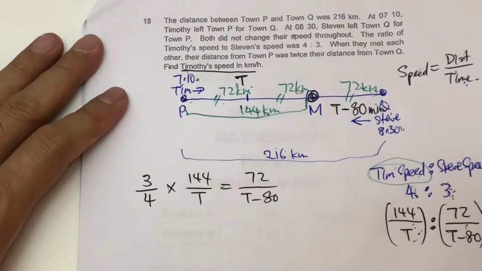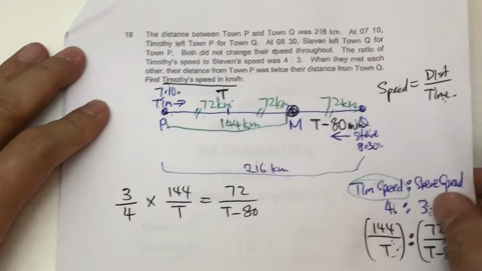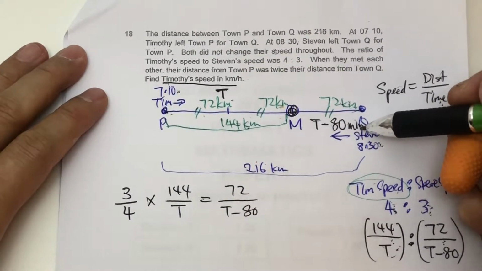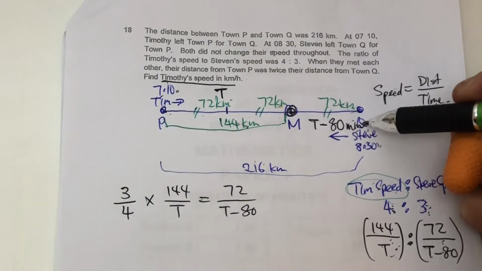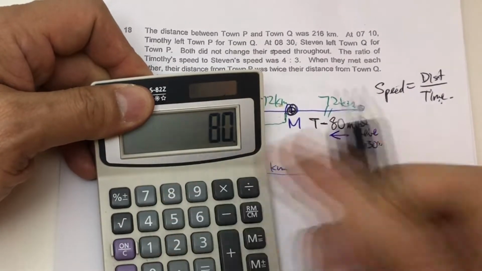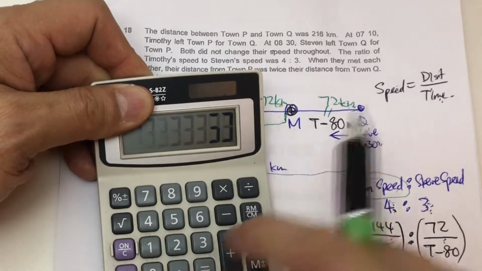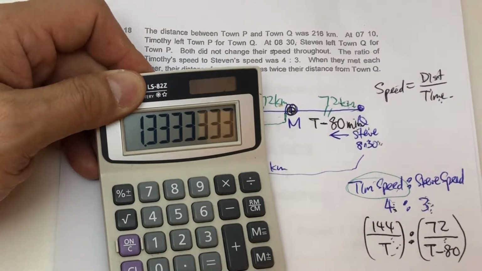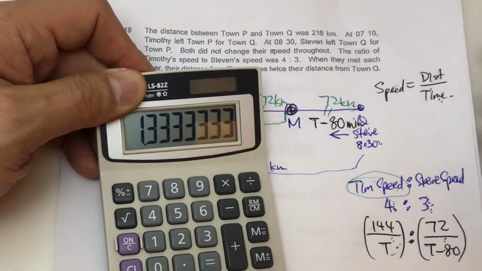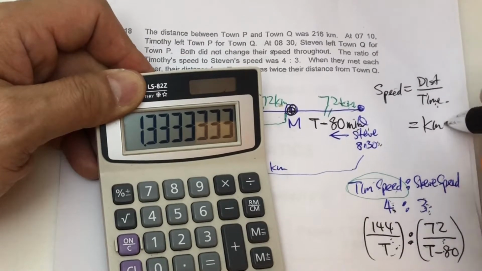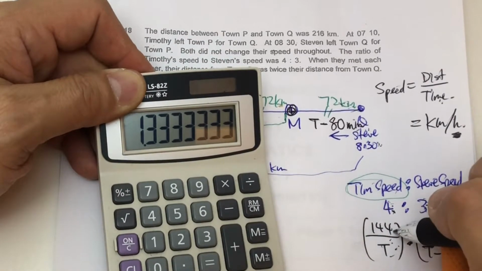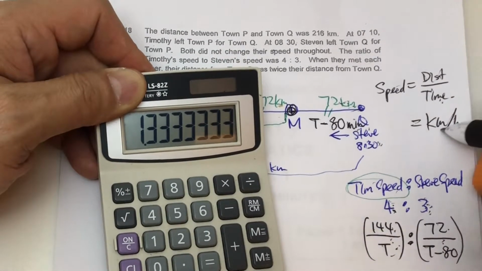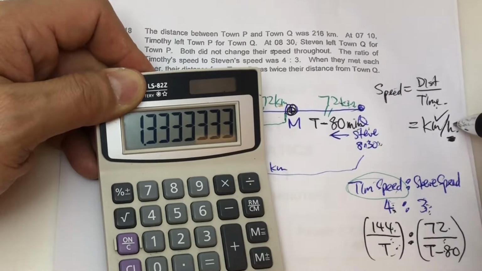Now what I want to do here is, instead of using 80 minutes, convert it to hours. 80 minutes is 80 divided by 60, which is 1.33 hours. I'm going to convert it because I want to find the answer in terms of kilometers per hour. The distances are in kilometers, 144 kilometers and 72 kilometers, but I want my time in hours rather than minutes.